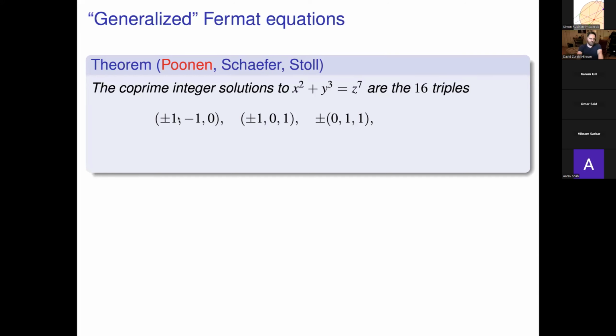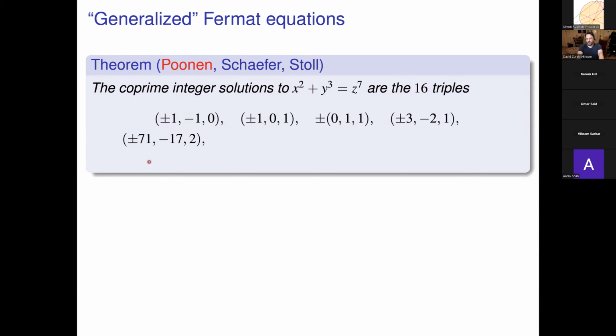There are some solutions that jump out at you. And then there's the Catalan solution, meaning the 7 is not involved in the solution, just x squared plus y cubed equals 1. So if you have 2, 3, p, this will be a solution. And then a little bit of computer research, or even by hand, found this solution when z is 2.